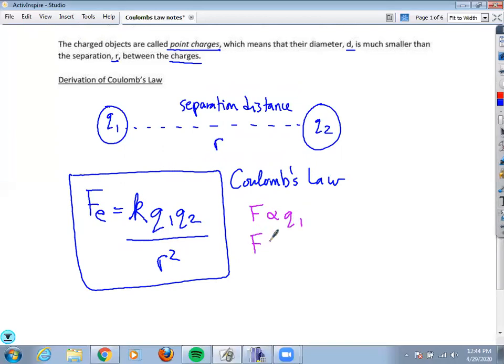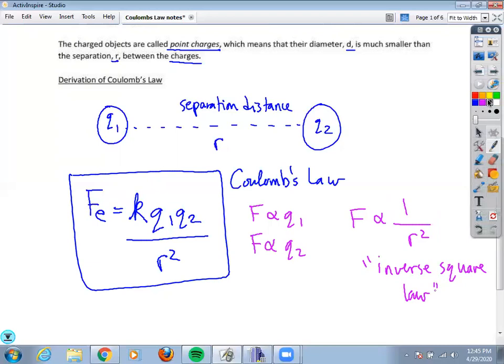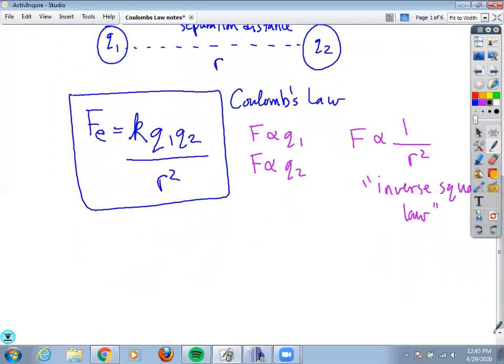The electric force is directly proportional to Q2. And force is proportional to 1 over the square of the distance. And then in this case, we refer to it as an inverse square law. k is Coulomb's constant.